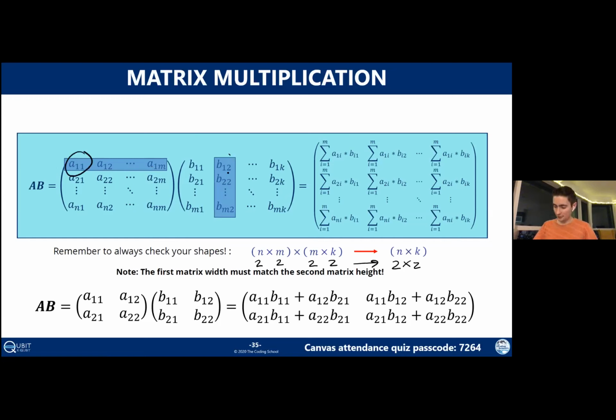So you have your fingers pointed here, and then you move one of your fingers to the right, one of your fingers down, multiply them together, add them, multiply them together. And by doing that, you get the element in the first row and second column of your resulting matrix. And so on and so on. So you would do that for all of the different columns.